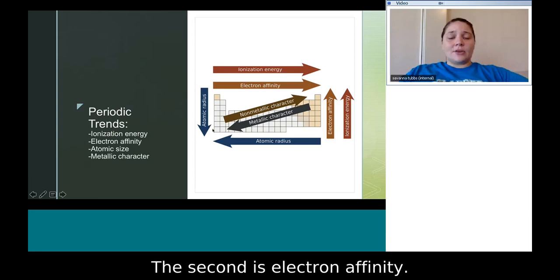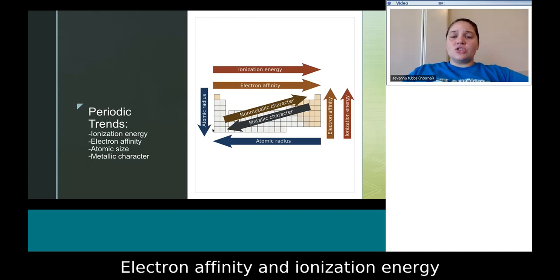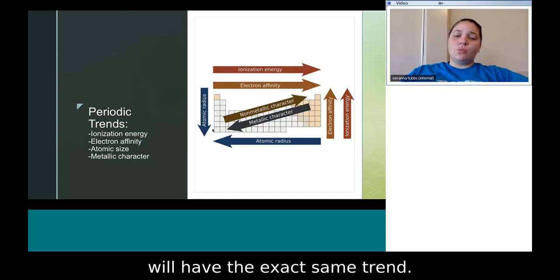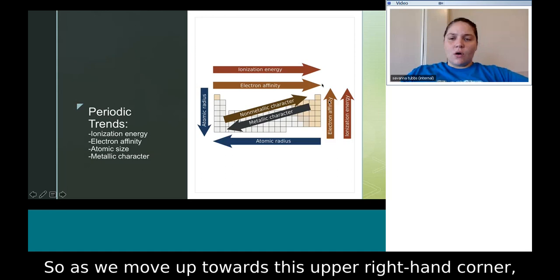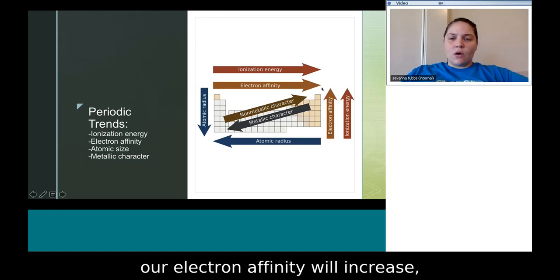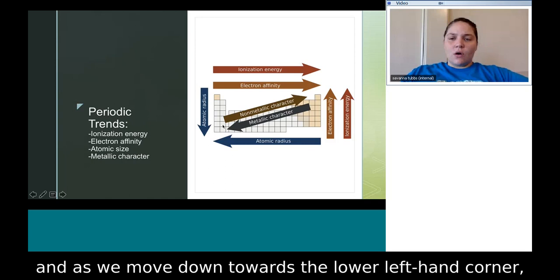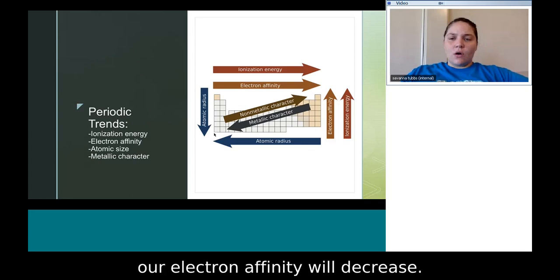The second is electron affinity. Electron affinity and ionization energy will have the exact same trend. So as we move up towards this upper right-hand corner, our electron affinity will increase, and as we move down towards the lower left-hand corner, our electron affinity will decrease.